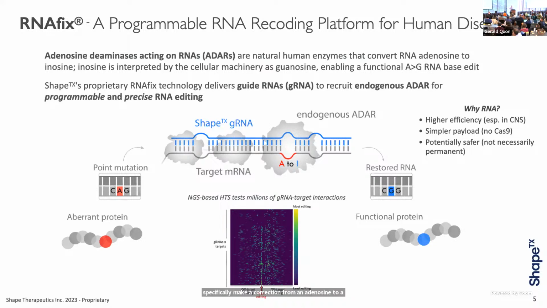So the goal here is that you want to fix a mutation. You can do a lot with any adenosine mutation. You can hit any ATG start codon to knock down a gene, and you can make 17 different amino acid changes of the 20 amino acids. So it's really nice in that it's a little safer, a simpler payload, and we can use this data to actually build generative solutions for guide RNAs that work.